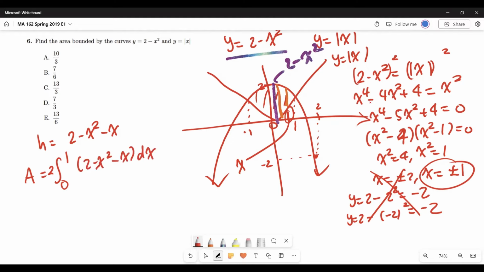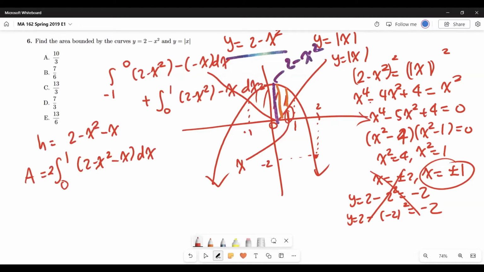If you don't want to multiply by 2, you can do negative 1 to 0 of 2 minus x squared minus x dx plus 0 to 1 of 2 minus x squared minus x dx. But this is a lot of calculation, so I'm just going to merge everything and multiply by 2.